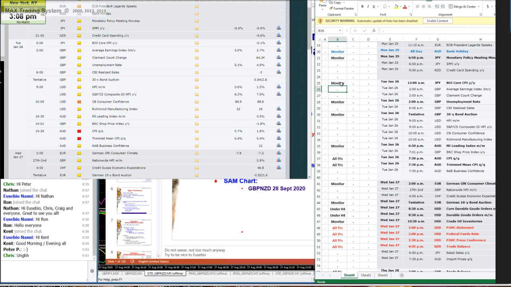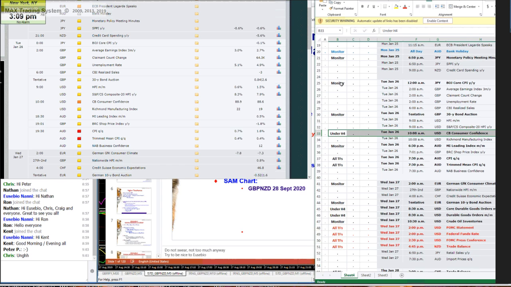Okay. On Tuesday, I will monitor the Bank of Japan core CPI year over year. Okay, then monitor the pound 30-year bond auction. Then we have the US dollar CB consumer confidence, small time frames, under H4.